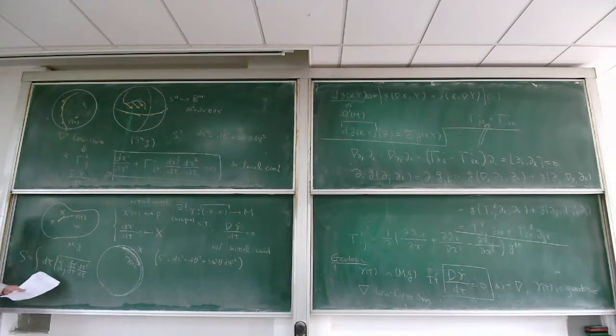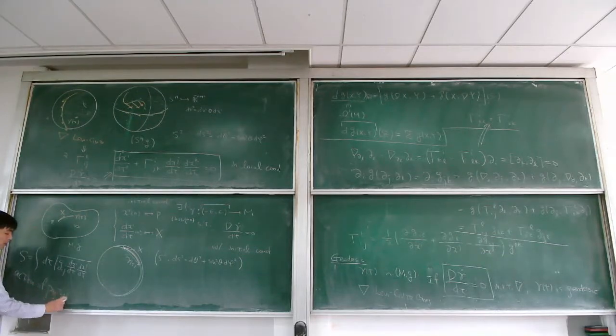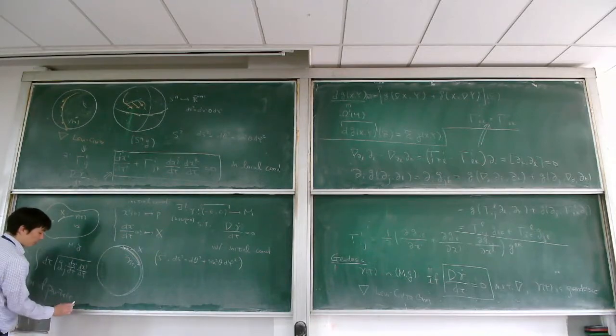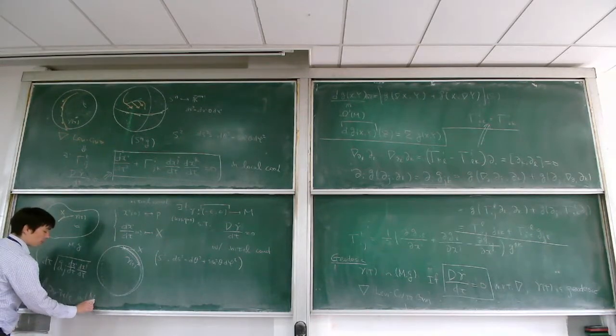And indeed, this is the length, which will give you the length between two points. So this is the action of a particle that moves around in the Riemannian manifold (M, g).